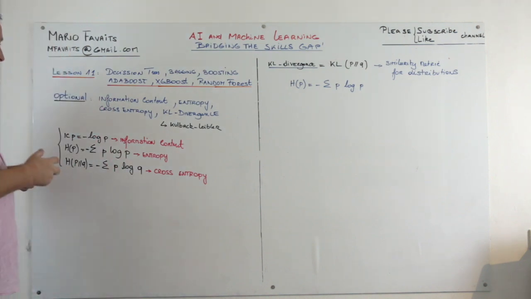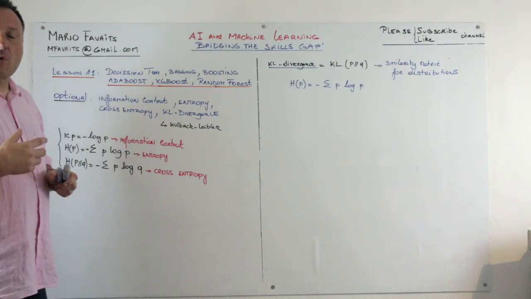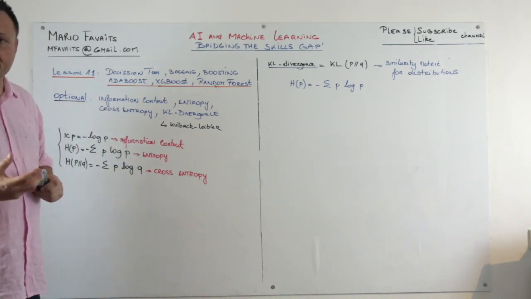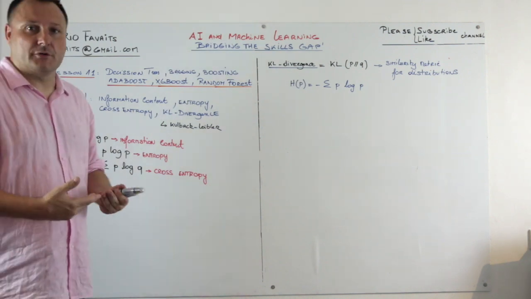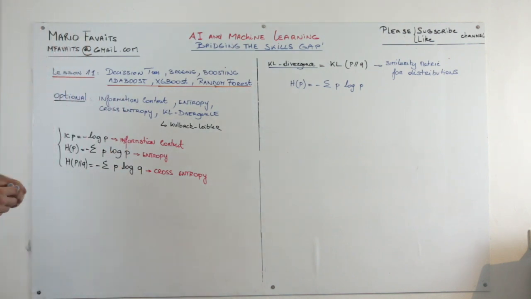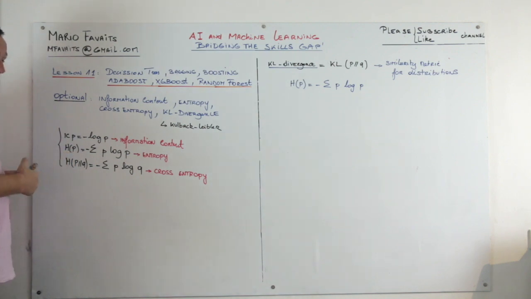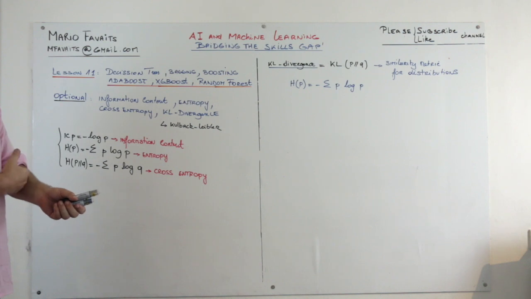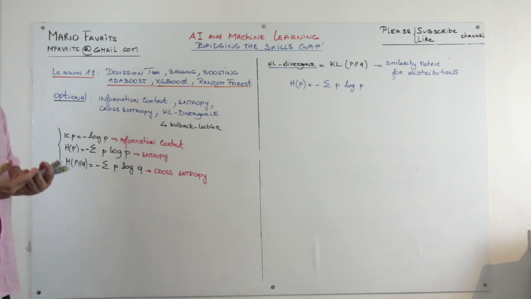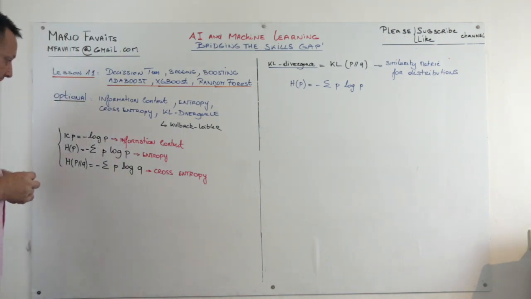That means that if I have a high probability of something about to happen, then the information content is low, because it's almost certain. That's why they're inversely proportional. And then we defined the entropy, and the entropy is nothing more than the expected value for the information content. So it's the average information produced by a stochastic process.